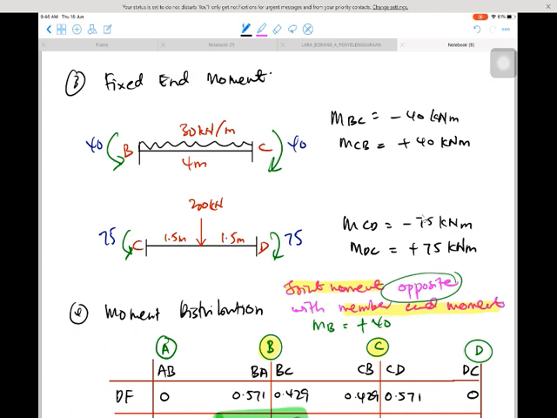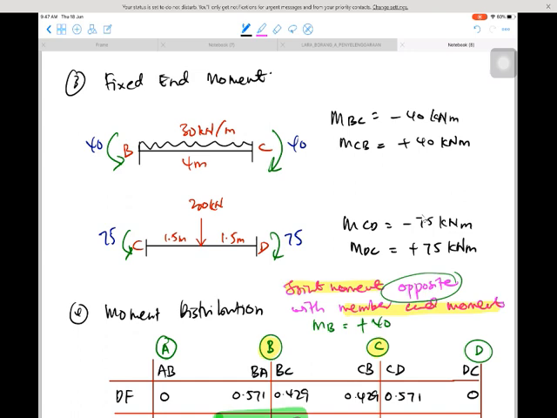For the moment distribution method, as I mentioned earlier, the sign convention used is clockwise positive. So by comparing the sign convention with the direction of the moment occurring at all ends, at the fixed end supports of these two beams, we will find that the sign is as shown.